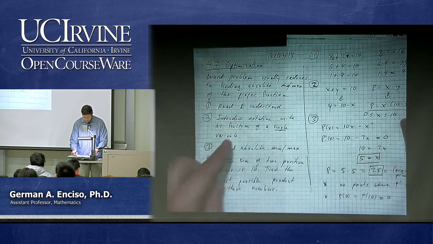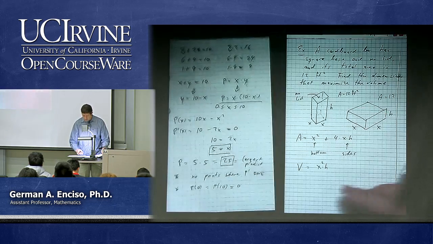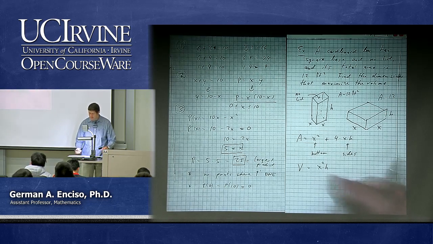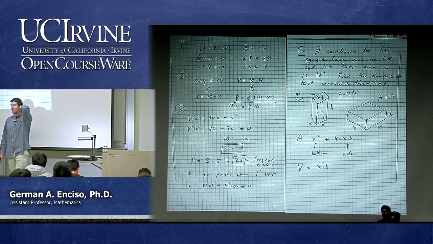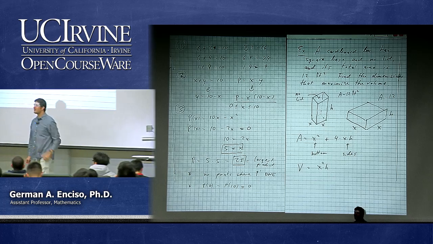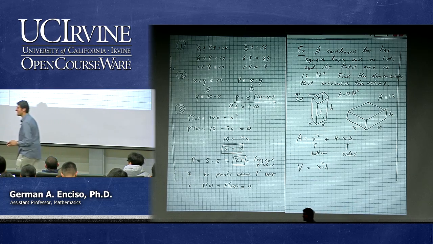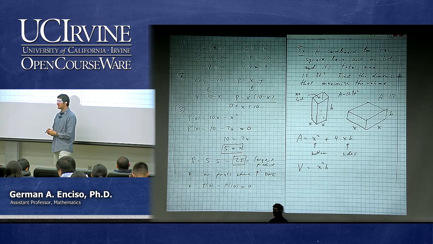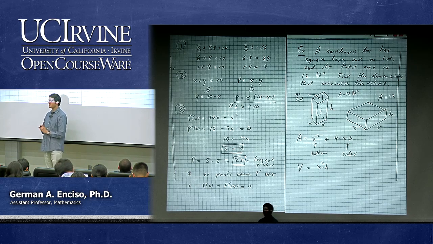And remember we said write it as a function of a single variable. Right now the volume is a function of 2 variables, x and h. So how can I get rid of one of the variables? Let's say leave everything in terms of x. What do you think? How do I write the volume in terms of only x?